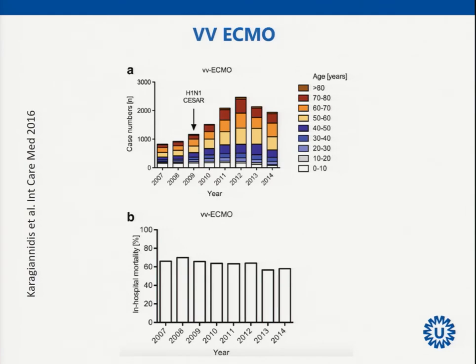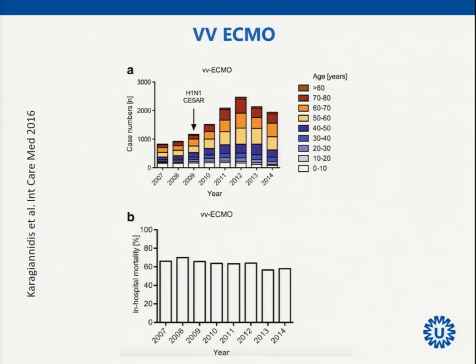VV. You probably know there has been one randomized controlled trial in modern VV, that is the CESAR trial. You can see after the CESAR trial that the number of cases has enormously grown through the years. But after a while, you can see that in recent years, the number of cases decreased in Germany.